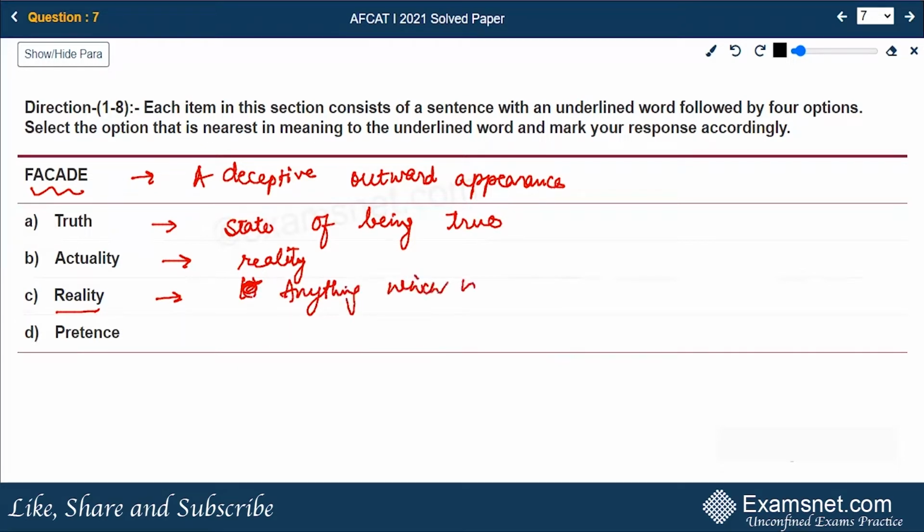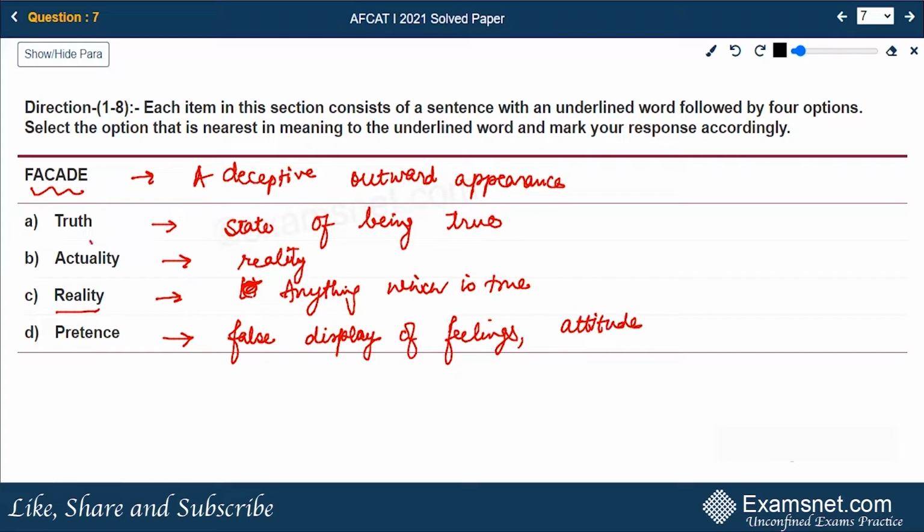And pretense means a false display of feelings or attitude.